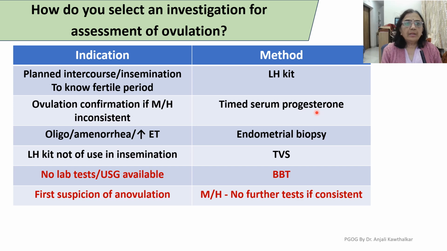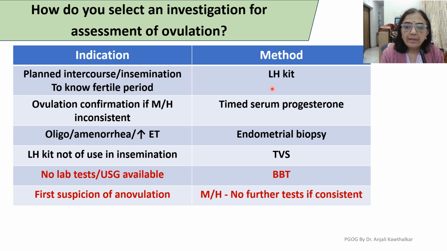Now, how do you select an investigation for assessment of ovulation? We have seen so many tests now. So, which test will you go for in a certain woman? If we want to advise the patient for planned intercourse or insemination, and we want to know the fertile period, that is the main indication, then the best method is the LH kit, because it is the ovulation predictor test.